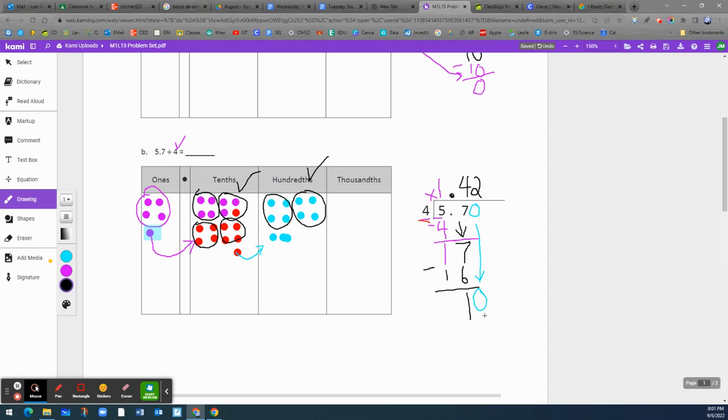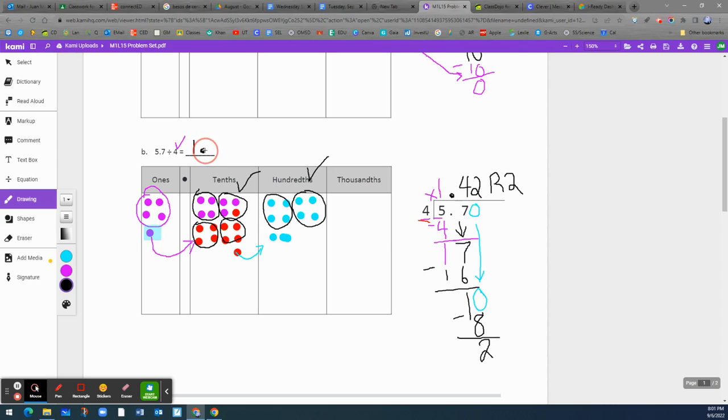Now, 2 times 4 equals 8. And the difference between 8 and 10 is 2. So we'll still have a remainder. So the answer for this one will be 1 and 42 hundredths with the remainder of 2.